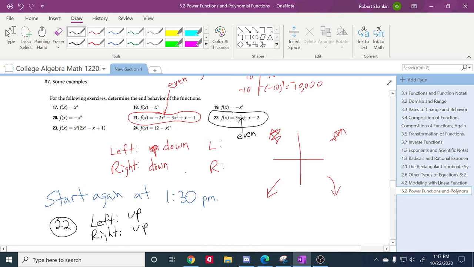All right, so let's go to another one. Let's go to number 23. In your group chat, type in what you think is happening on the far left and on the far right.